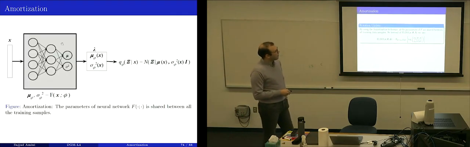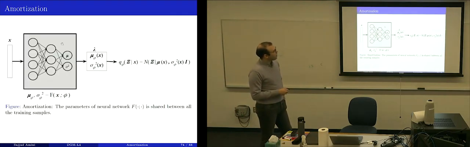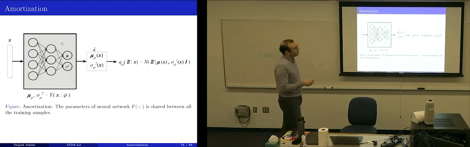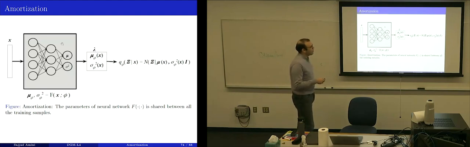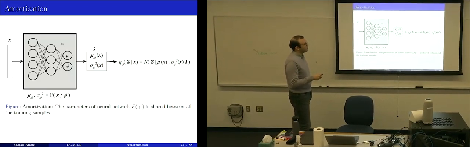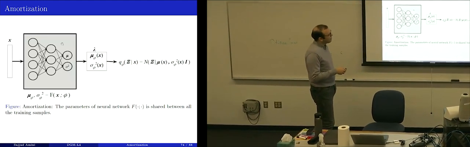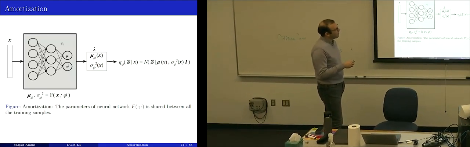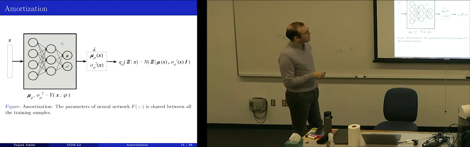Amortization is the technique that shares a network, and that network is responsible for generating the best parameters for the sampling distribution. So instead of optimizing over the parameters of this sampling distribution directly, you optimize with respect to the parameters of this amortized network, and this network is responsible for generating the lambda for each input x.